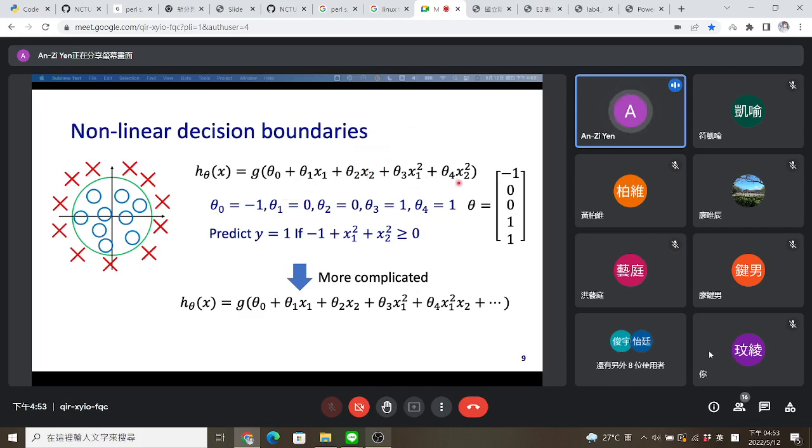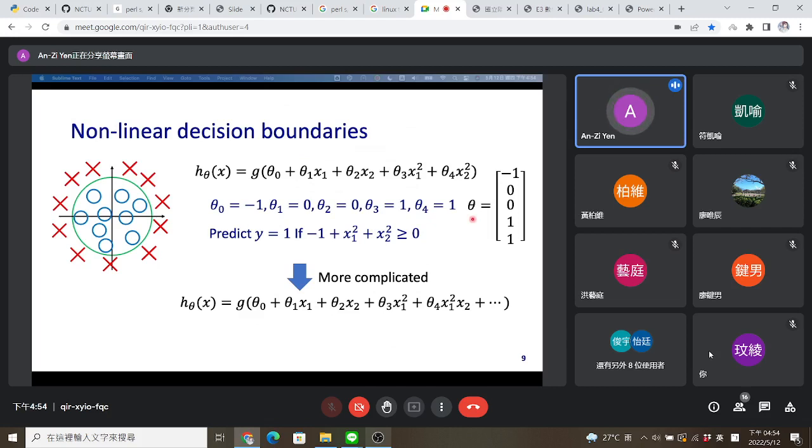So after training, the values for the parameters theta 0 through theta 4 are chosen, and it ends up choosing theta 0 equals -1, theta 1 and theta 2 equal 0, and theta 3 and theta 4 equal 1.